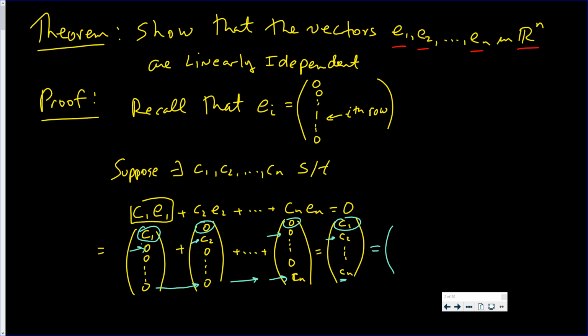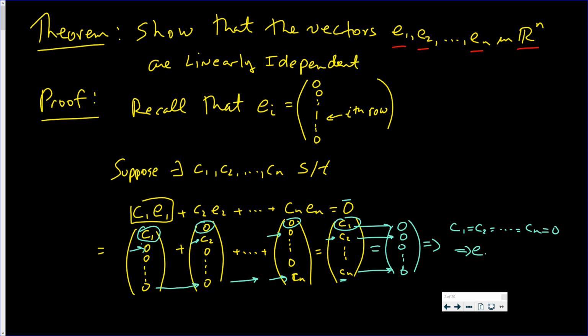And if this is equal to the 0 vector, that would imply that C1 equals 0, C2 equals 0, they all equal 0. C1 equals C2 equals Cn equals 0.